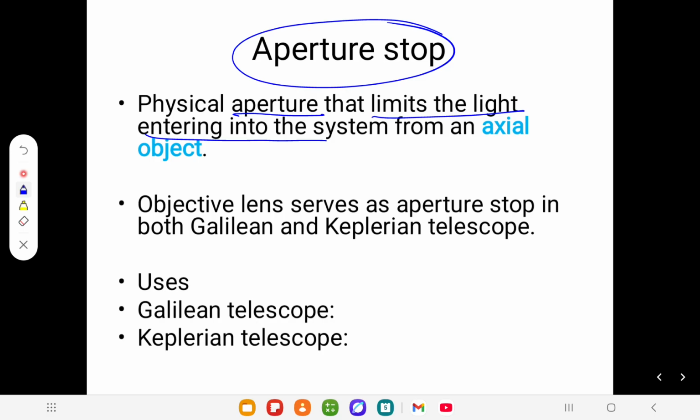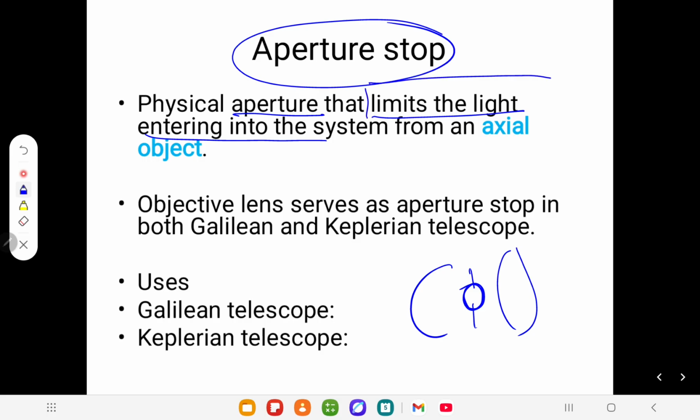See, let me make it clear. In the case of our eye, this is the cornea, and this is the iris, and this is the lens. In the case of our eye, cornea, lens, and the pupil. The pupil acts as an aperture stop. Okay, the pupil controls the light.